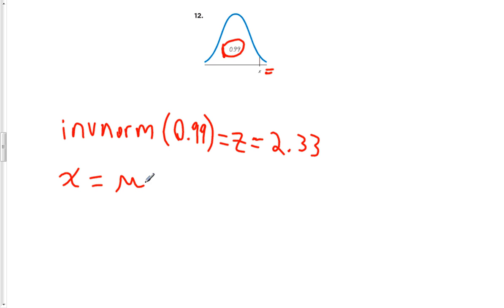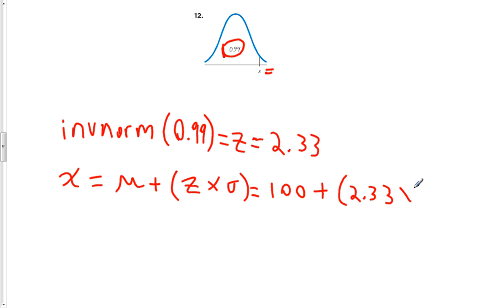In order to find the value of x, I'm going to just have to do mu plus the given z-score that I just found times sigma. Mu is 100 plus z, which we just found to be 2.33, times sigma, which is 15. So the x value that they're asking us to find is 100 plus 2.33 times 15, close the parenthesis, and we get 134.95.